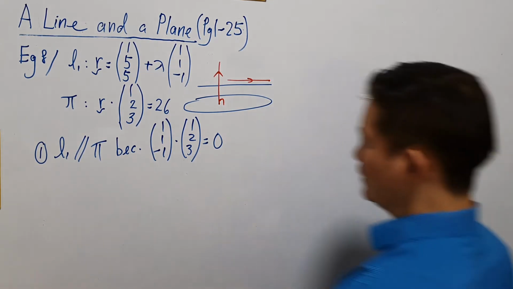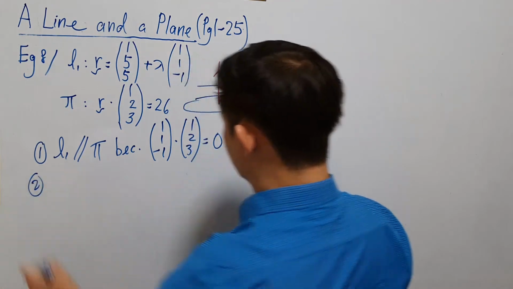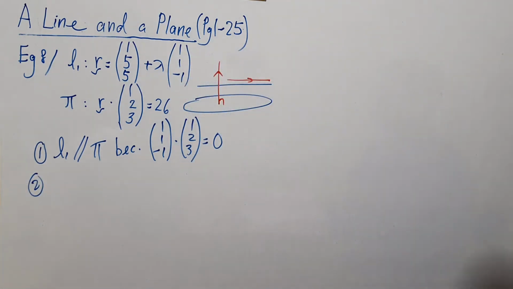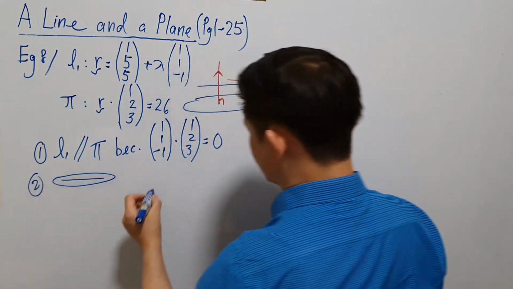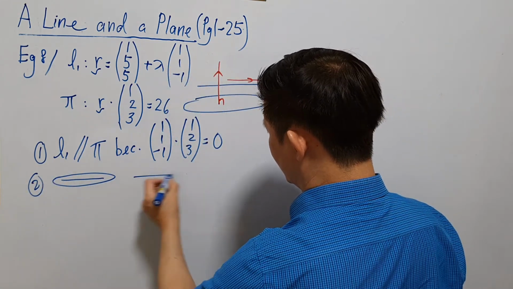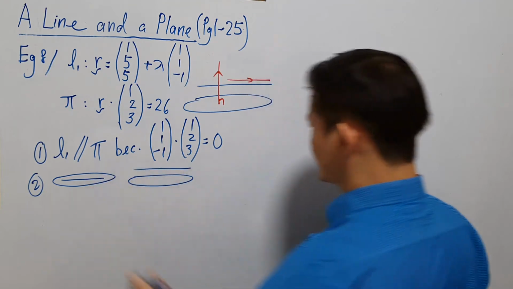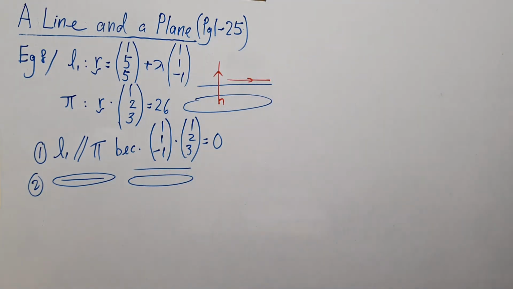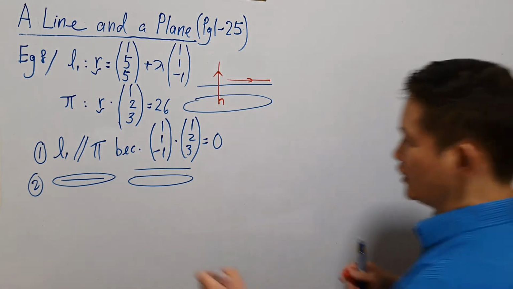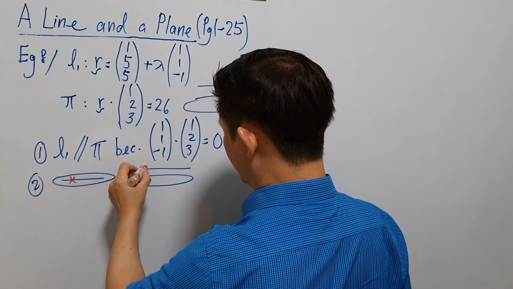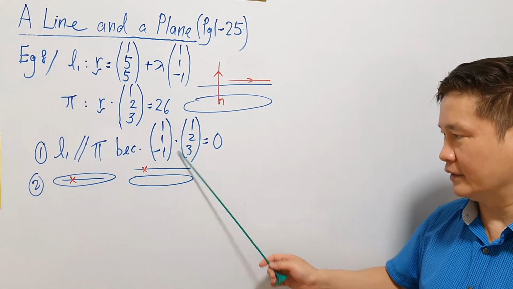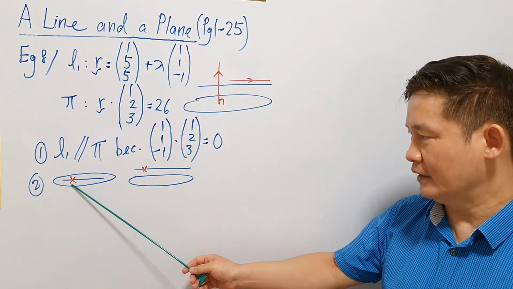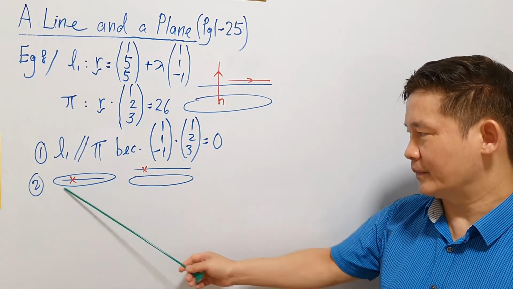Once it is parallel to the plane, the next thing that we are interested to know is, is it the case of the line lying on the plane, or is it the case where it is just like this? To check whether it is the first or second case, you just imagine you take a point on the line and you ask, given that the line is already parallel to a plane, if this were to happen, then the entire line is on the plane.